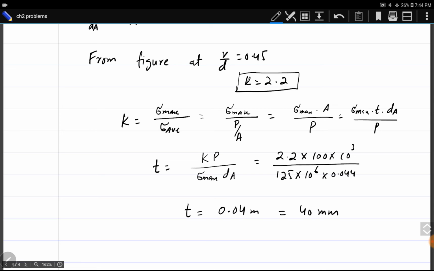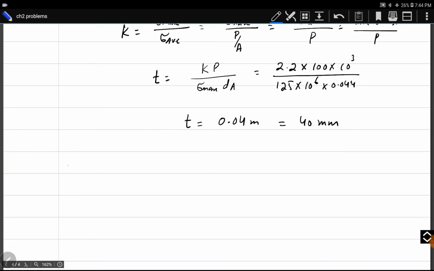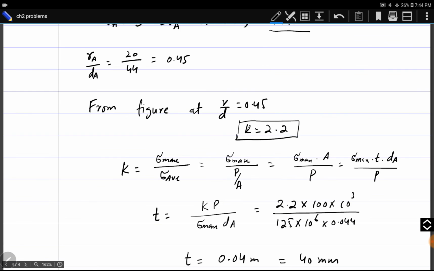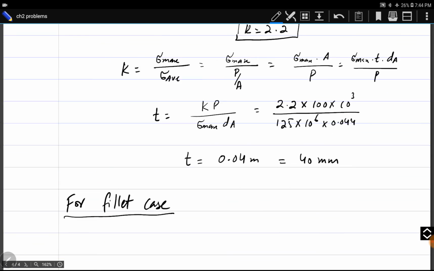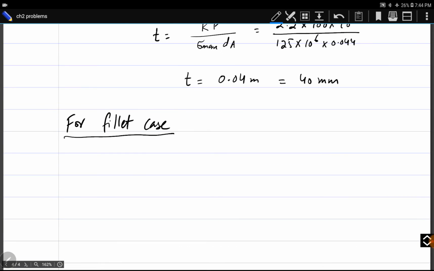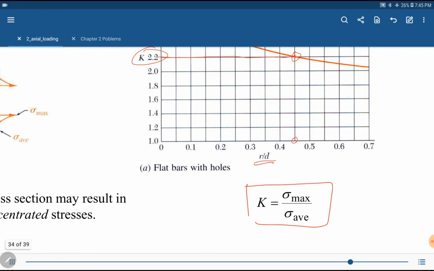Now we have another case, a plate with fillets. Above one was for hole. Now for fillet, first we will look at the graph.